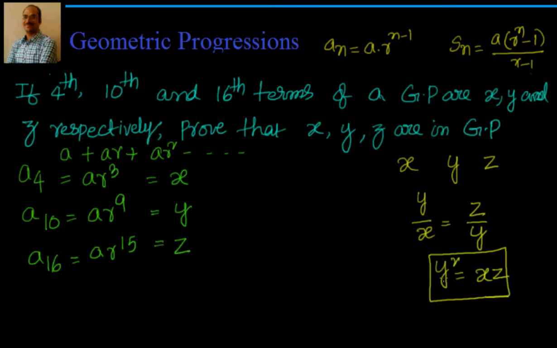Now what we have to prove is y square equals xz. Let's find out what y square is. y square equals (a r to the power of 9) whole square, that's a square into r to the power of 18.